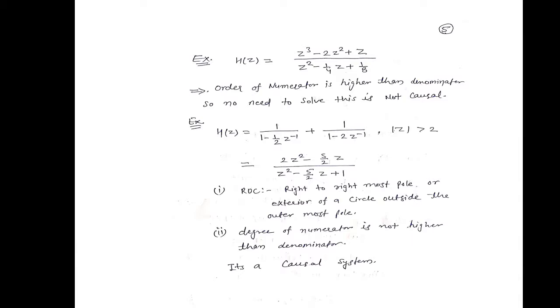The second example is H of z is equal to 1 upon 1 minus half z inverse plus 1 upon 1 minus 2 z inverse, and the ROC is given as mod of z is greater than 2.